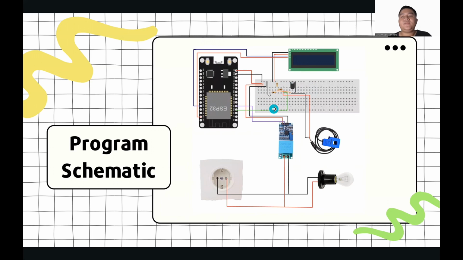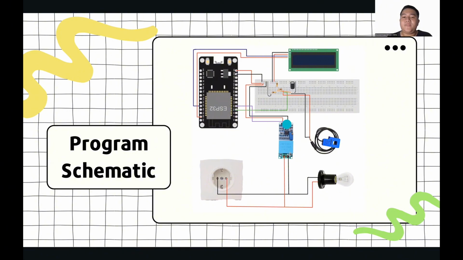So the first thing that we had to do is to connect the voltage pin and its ground pin. After that, we had to connect the SDA and SCL of this LCD to the ESP32, which is pins 21 and 22.